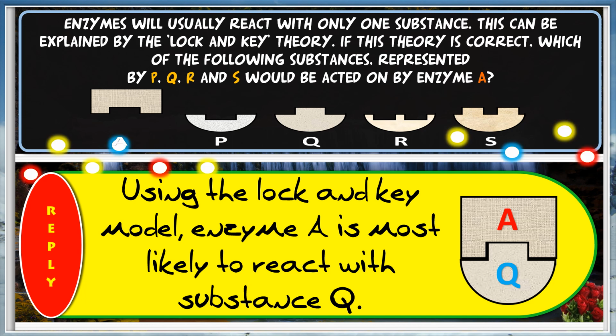Using the lock and key model, enzyme A is most likely to react with the substance Q.